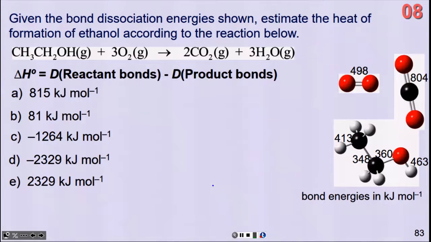Ethanol, we've seen in an example or 2 sometimes, is shown at the left, CH3CH2OH is shown there on the bottom right with spheres and stuff. This is ethanol. And ethanol formation, reaction with oxygen to make CO2 and water. So what are we doing here? Estimate the heat of formation of ethanol according to this reaction below.